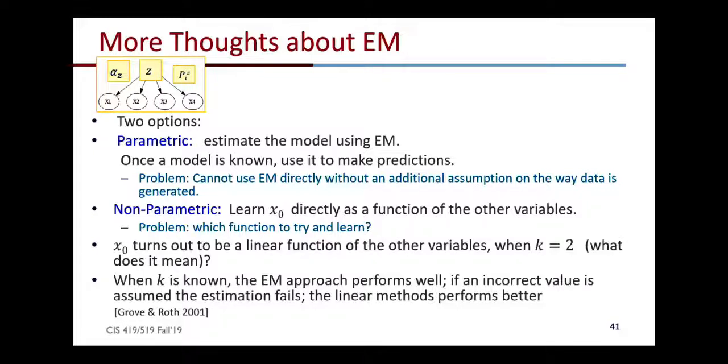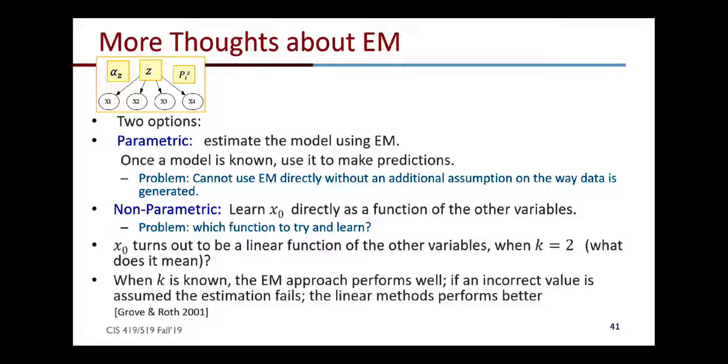So if it's only two options, two coins, two clusters, a mixture of two things, then it turns out that x0 in the generative model turns out to be a linear function of the other variables. So you can write x0, or you can write all the xi's are Boolean. So the separating function for x0 is a linear function of the other xi's.